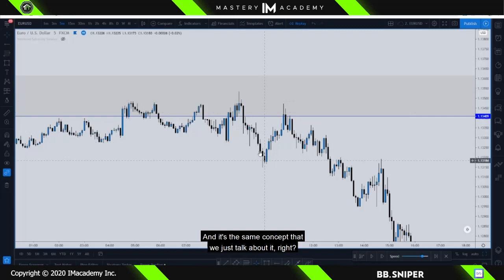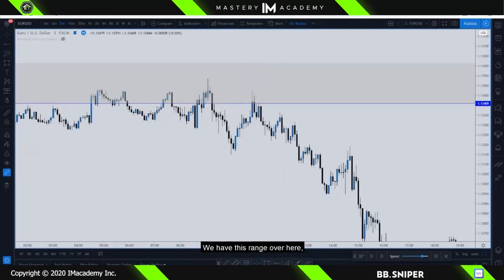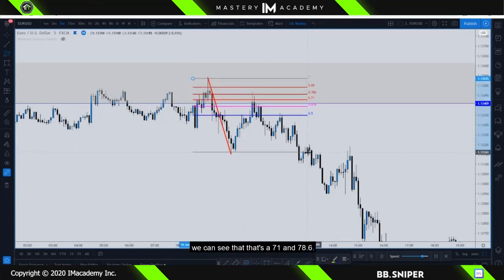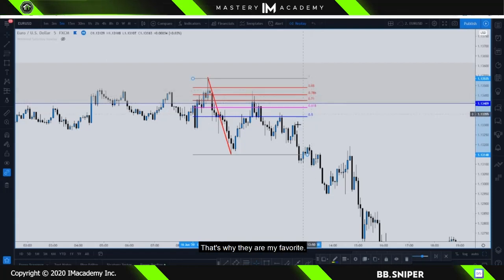And it's the same concept that we just talked about, right? We have this range over here from this high to this low. We have a previous low, so we have a lower low. Now, because we are expecting bearishness, we're anticipating a lower high formation to be created, right? Now, the lower high created right over here, which is a little bit higher in the range, if we move with the fib levels, we can see that that's 71 and 78.6.